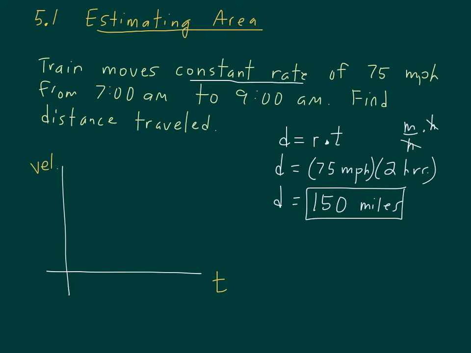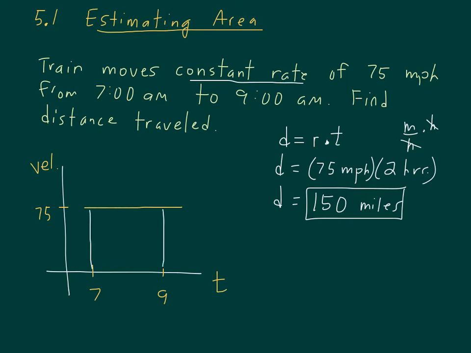So suppose we were to draw our constant rate. So we're talking about velocity and time. Here's 7, here's 9, so that's our time. And we know that the velocity or the rate is 75, so we're going to draw a line going straight across there. Okay, and so we know the answer is 150.